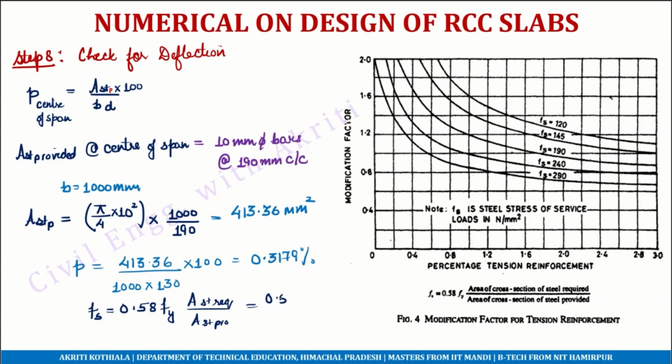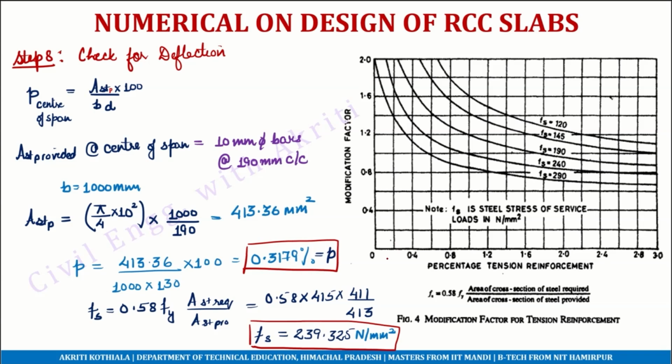We know that we have a requirement of 411, but we have provided a steel of 413 millimeter square. So this calculates to be equal to Fs is equal to 239.325 Newton per millimeter square.